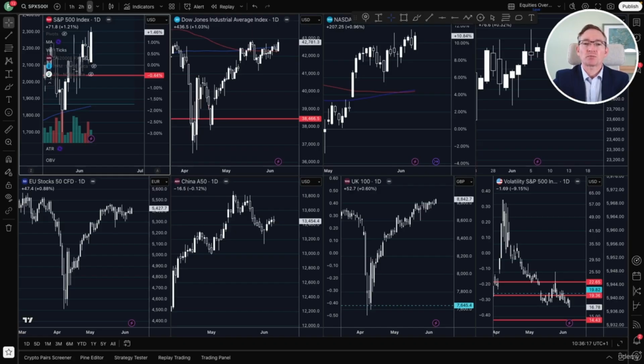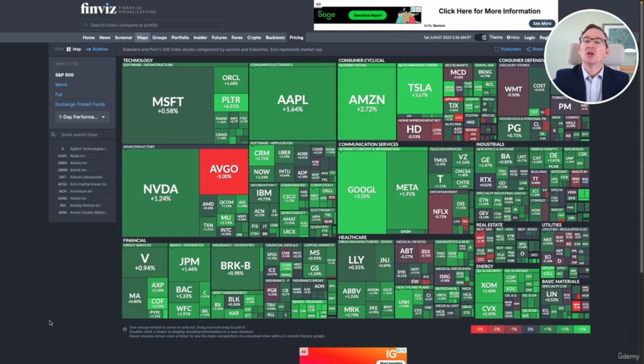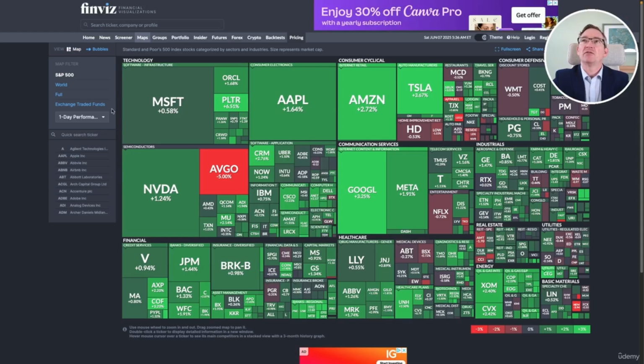Now, also, let's understand the breadth. To check the breadth of the market, you can look at it visually here at FinViz. Look at the overall color. You can see here on this day the overall color is green, so that means more stocks are advancing. This is also weighted in accordance with market capitalization.